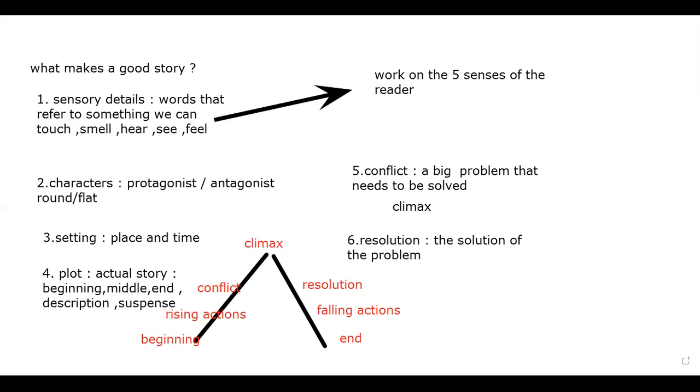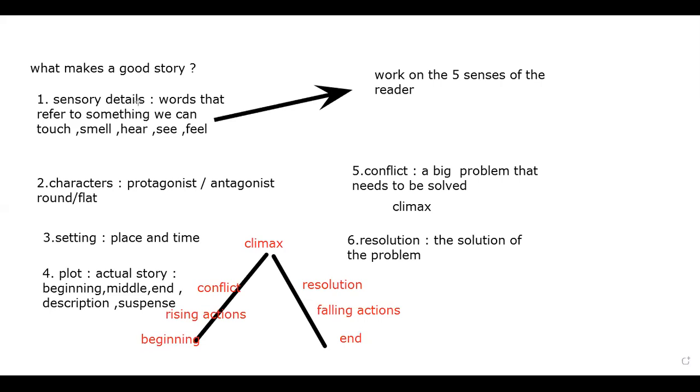So again, on the board we have the six elements of the story: the sensory details, the characters, the setting, the plot, the conflict, and the resolution. That's what makes a good story.